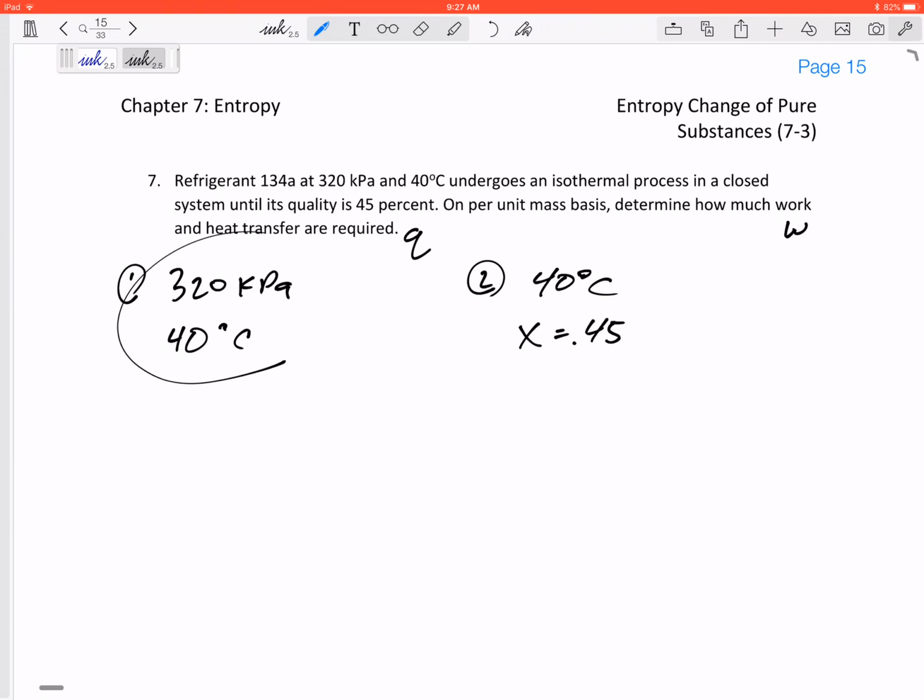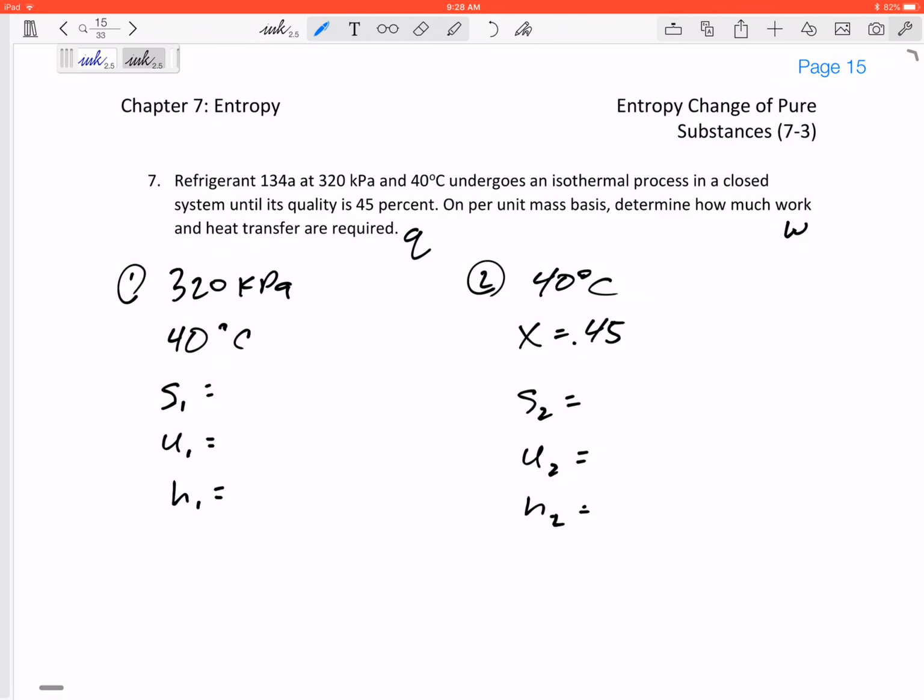So this is two pieces of information. I could find anything else I wanted to, if I needed to find entropy, S1, or U, or H, whatever I needed. Since I know the temperature and I know it's a mixture because it gives me a quality, I can go to the temperature table for refrigerant, and with quality 0.45, I could find S2, U, anything.